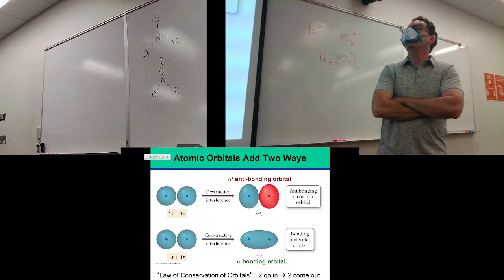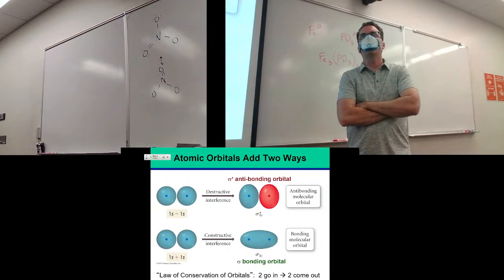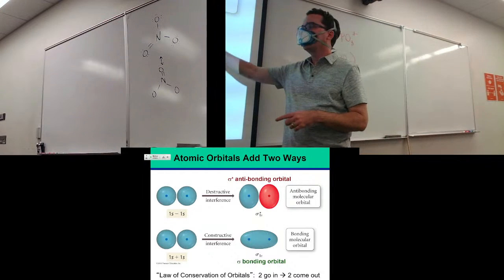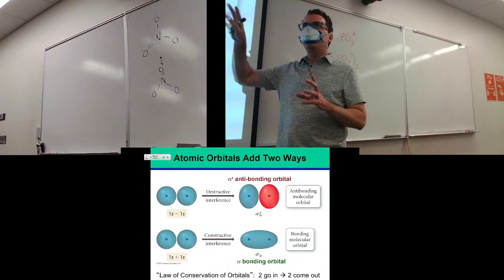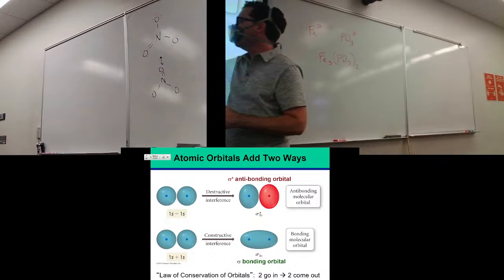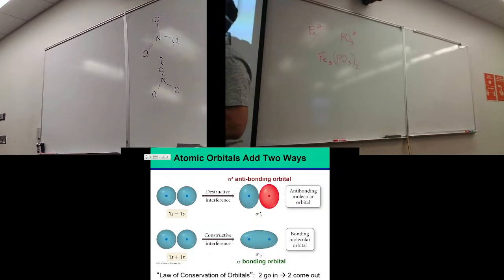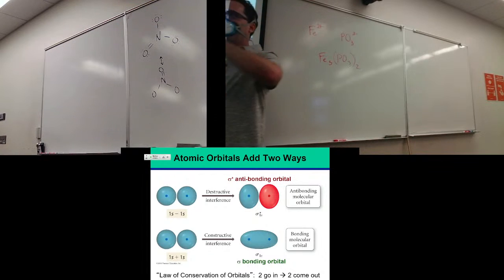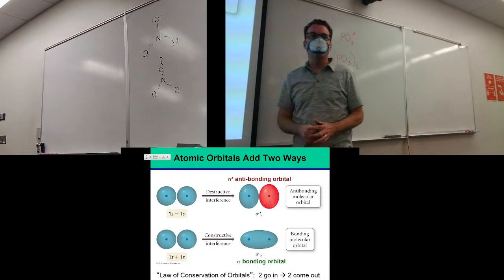I would think of these as states, ways you can describe what's happening with electrons. If electrons are occupying this molecular orbital, then they are being shared. If electrons are occupying this molecular orbital, then they're doing the opposite. They're doing what's called an antibond.